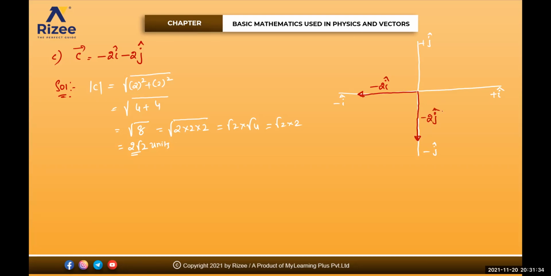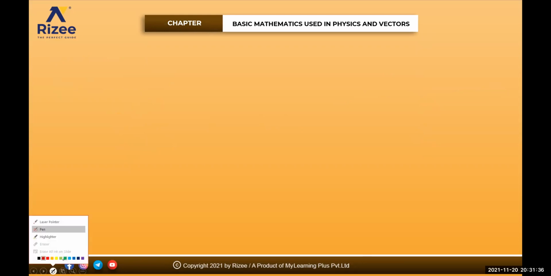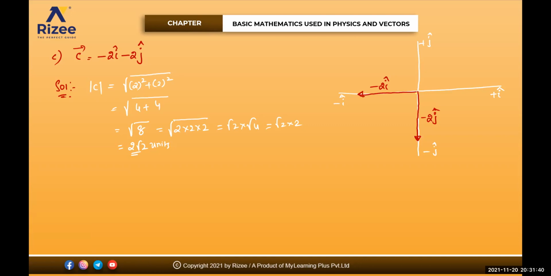So the resultant will be in between them. Where will the resultant be? Somewhere here. This is the vector C bar. As the x-axis and y-axis both are making the same angle, this angle with the first vector will be your alpha.